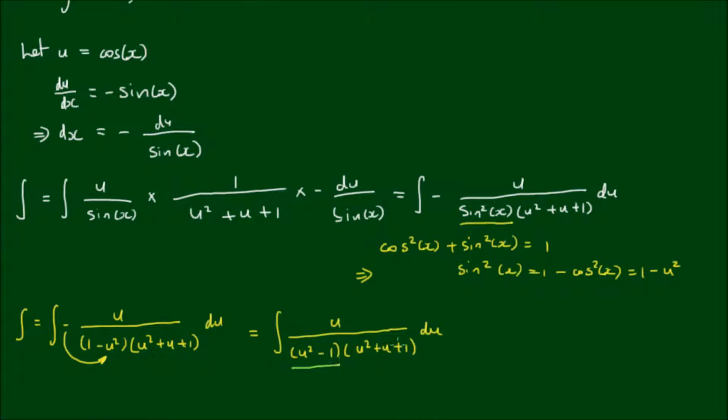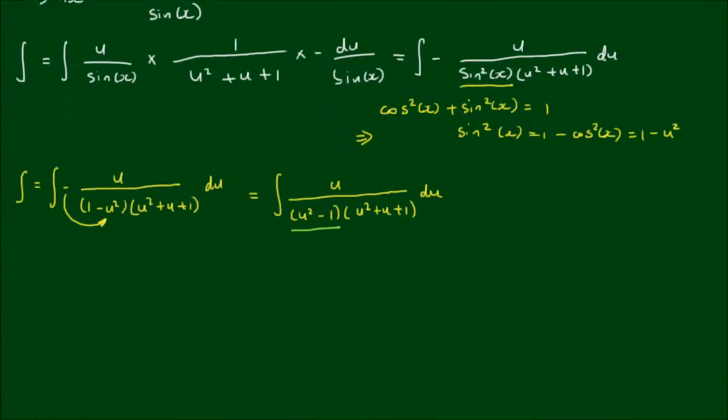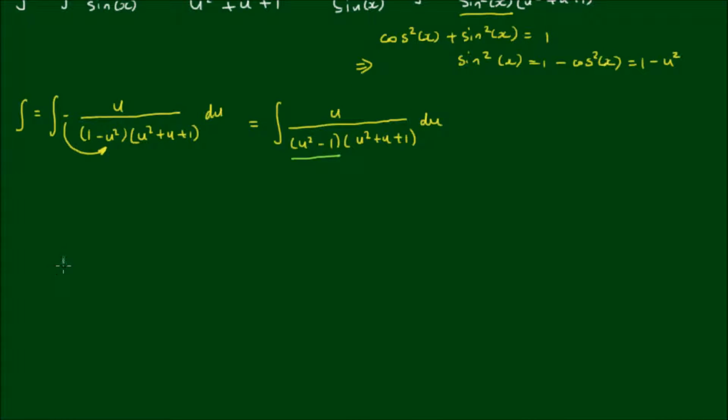Now u squared minus 1 is a difference of two squares, so we can write this as u plus 1 u minus 1 by u squared plus u plus 1, and of course we're dividing u by this. So now I have an expression that I can separate out into partial fractions.